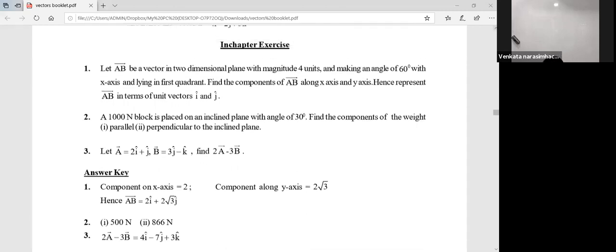All three questions, in chapter exercise, question number 1, 2, and 3.